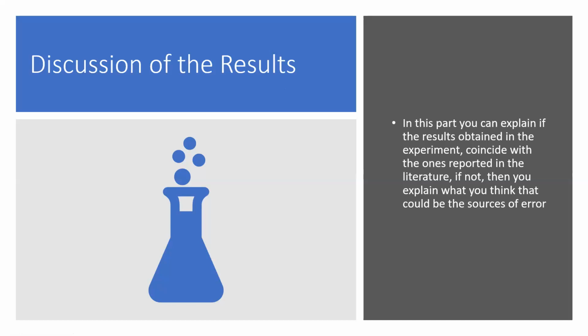Maybe your result is lower, and you can say, well, the result was lower than the one reported in the literature because the temperature in the lab was not 25 Celsius degrees, or you can say the scale reported only 2 decimals, and in order to get the best result in the literature, they use a scale with a precision to the milligrams, for example, and so on.